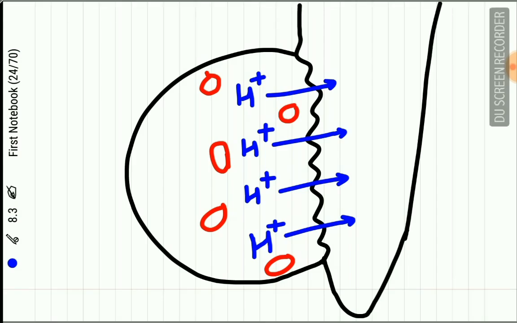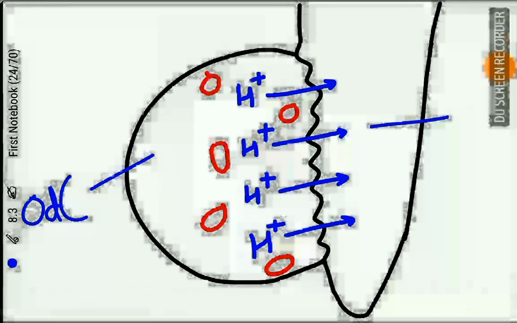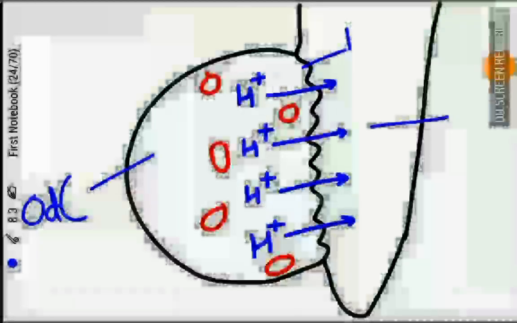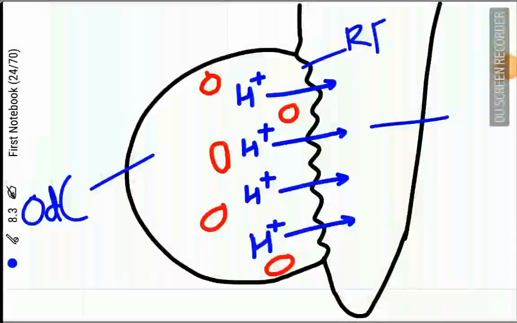What happens is, during the process of resorption, if this is the surface to be resorbed, the odontoclast cell gets attached on the tooth to be resorbed with the help of its ruffled border.